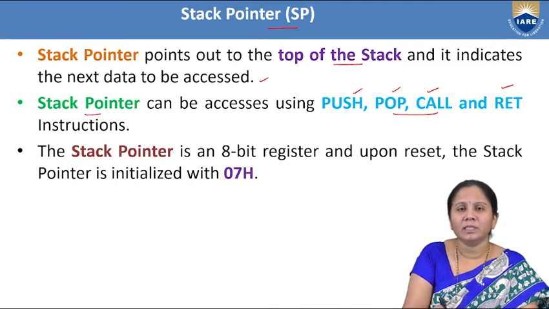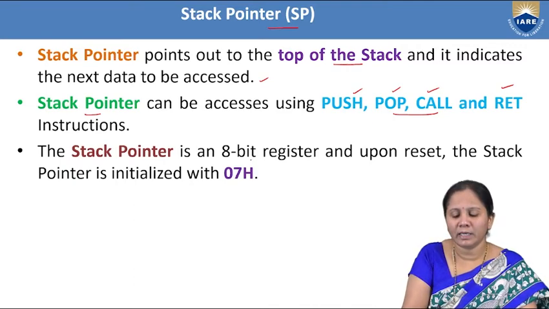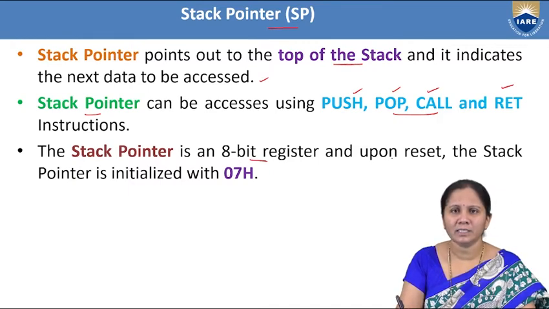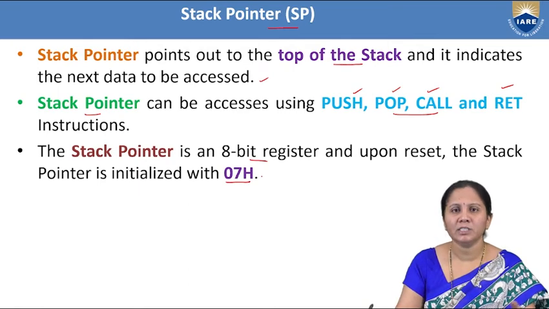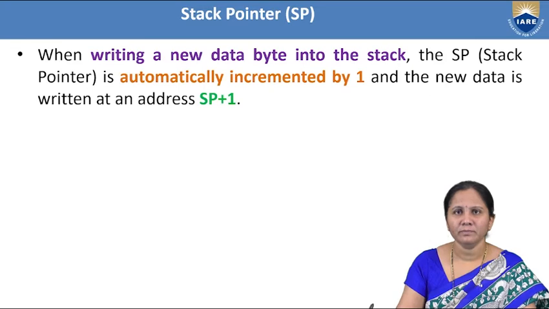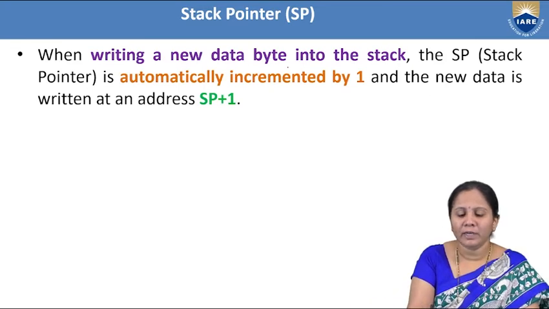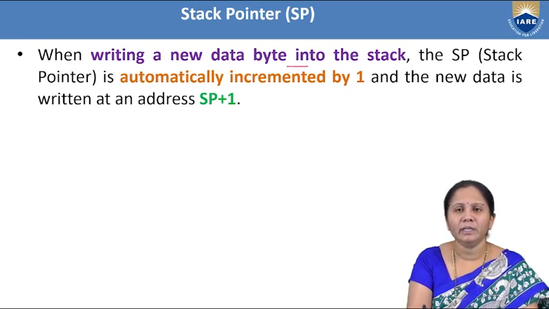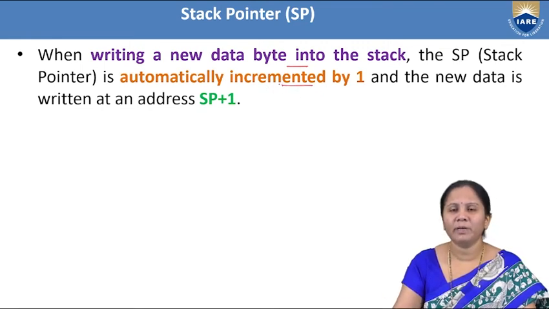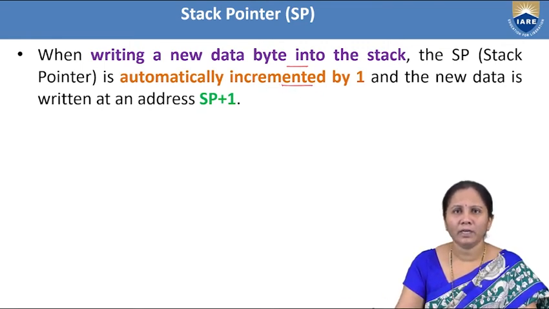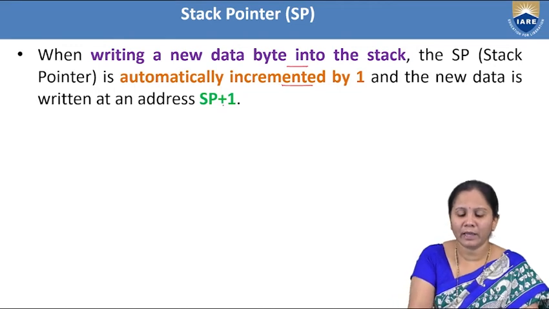Generally, the stack pointer register is an 8-bit register. When the stack pointer is reset, it holds a value 07H instead of 00. When writing a new data byte, the stack pointer will be automatically incremented by 1, and the new data will be written at the address SP plus 1.